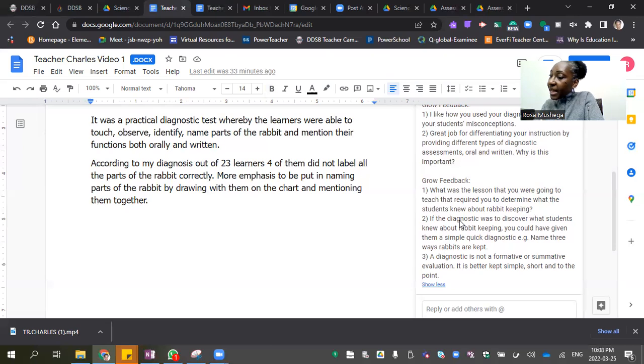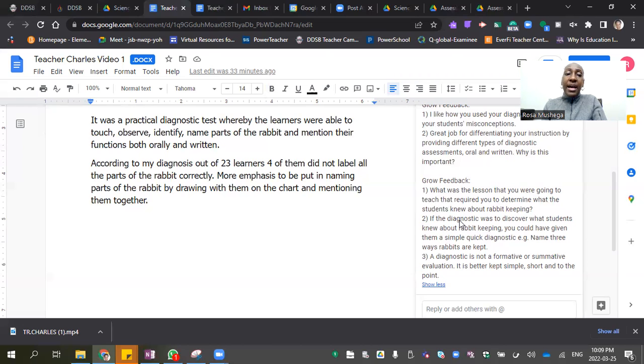And then we had the diagnostic on the blackboard. It looked like Teacher Charles, you were teaching a topic already and using part of your questions in the topic as the diagnostic. So those two should be separate. The questions on the board, if you are starting a new topic, then that's a bit too complex for students, to ask them all those questions and have those expectations when you haven't taught the topic.